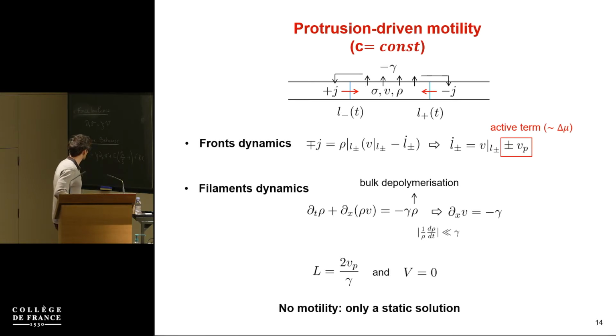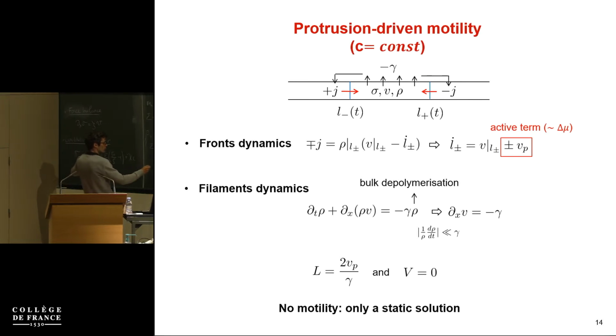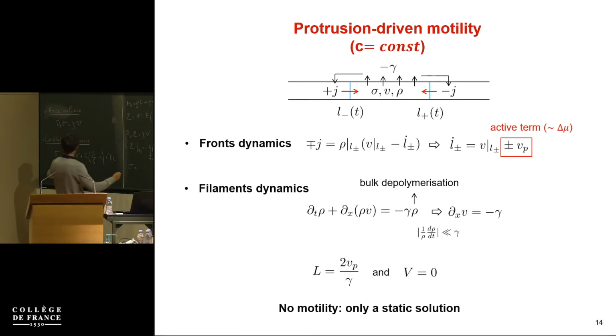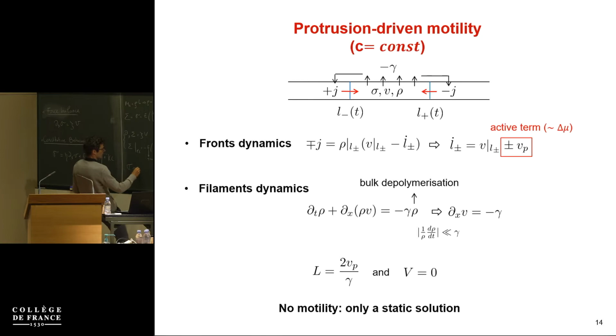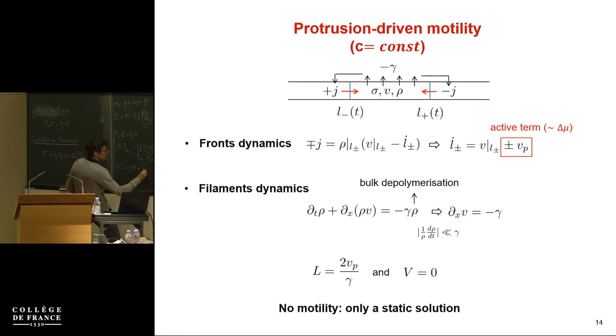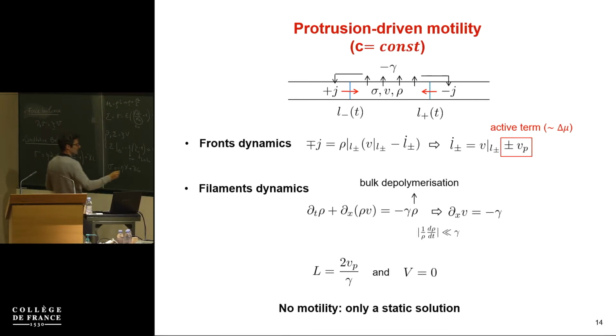If you do that, of course, if you get back to the constitutive relation and you write the stress, the strain rate is a constant. It's minus gamma. So you have a constant term here. You have another constant term here coming from the contractility. And then you have the term here coming from the strain, which depends on the density.